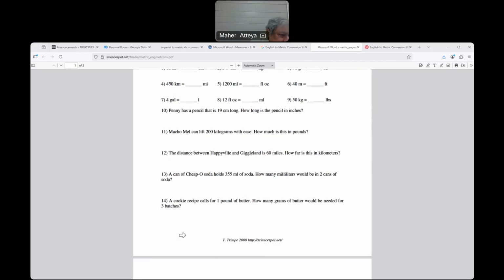1 pound is equal to 454 grams. With this relationship in mind, we can use it.